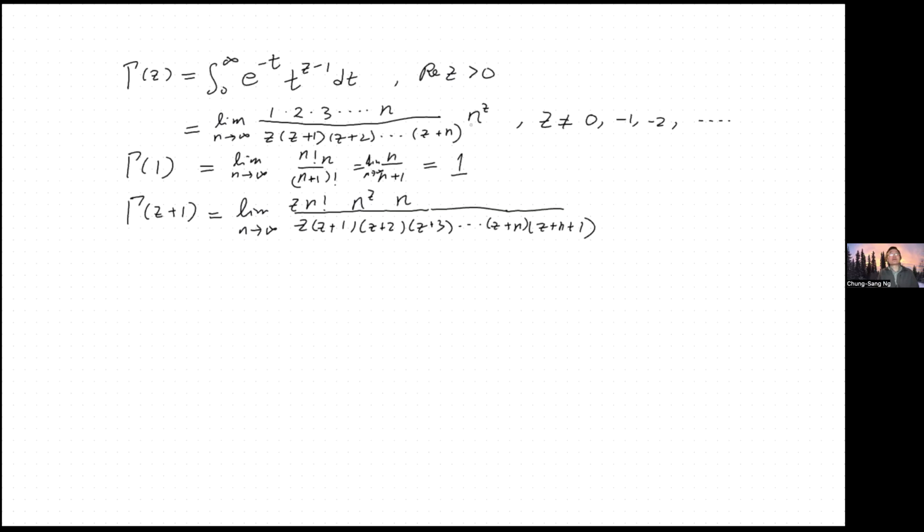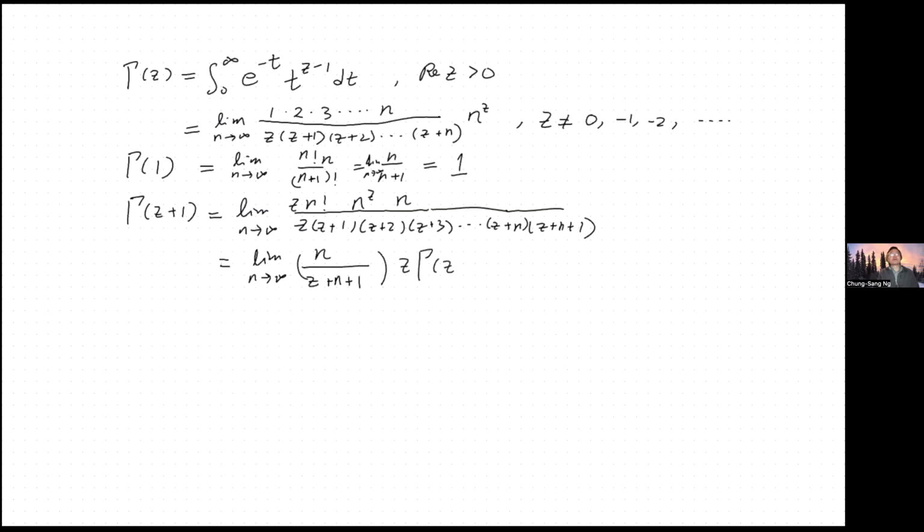Compare this with that, and that gives you the limit as n goes to infinity of n over (z plus n plus 1), times z, and the rest is the old gamma function.